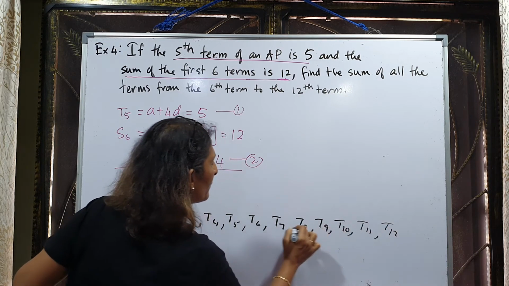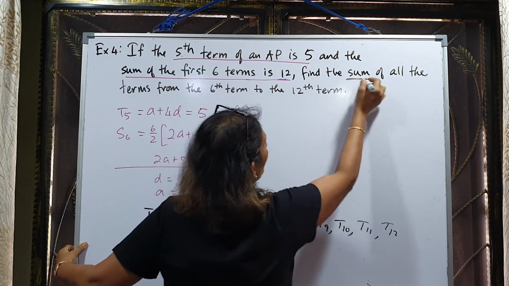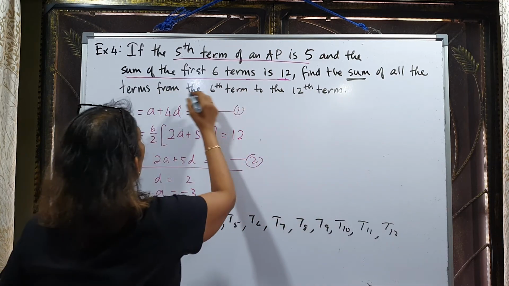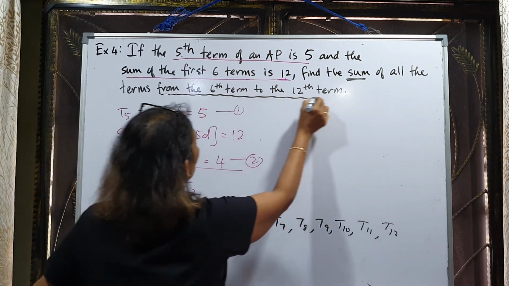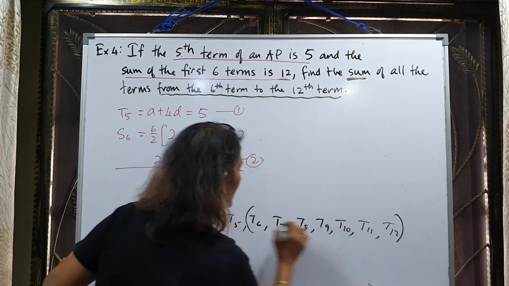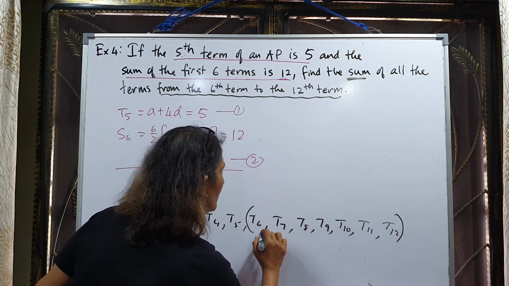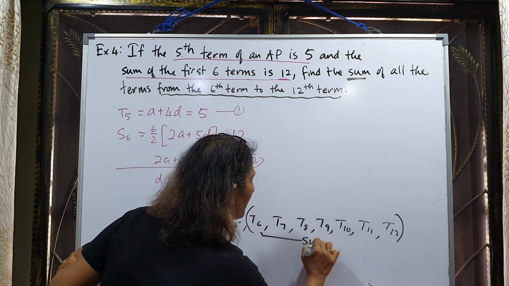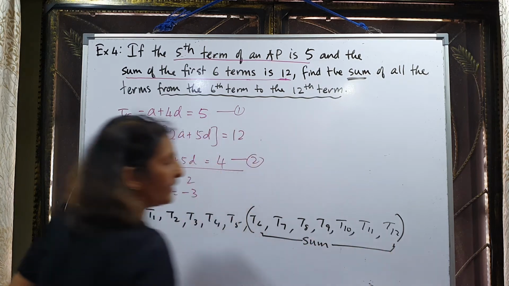Okay, these are all your numbers. They want you to find the sum of all the terms from the 6th term to the 12th term. Meaning, from here to here. They want you to find the sum of all these numbers only.